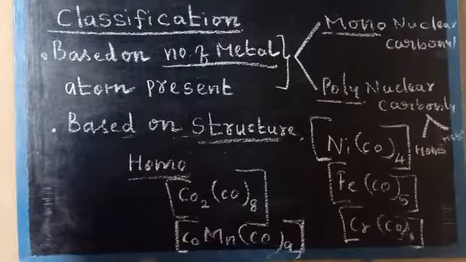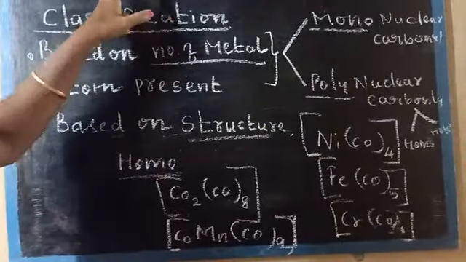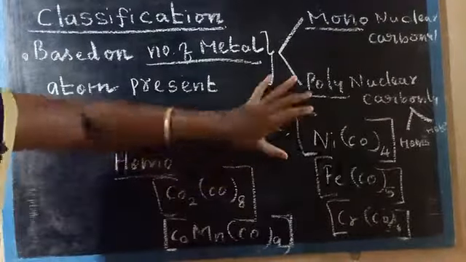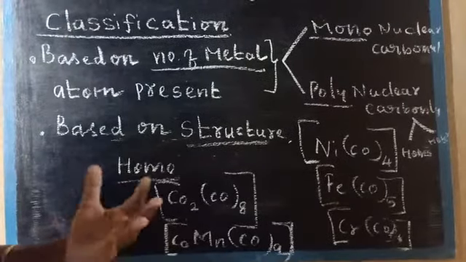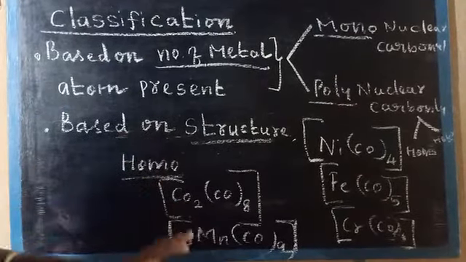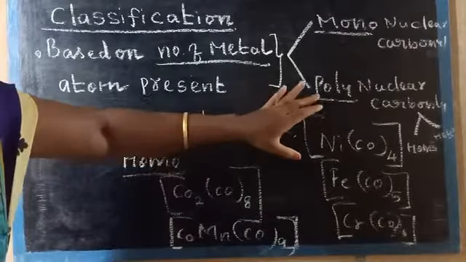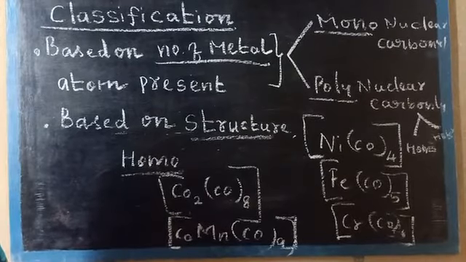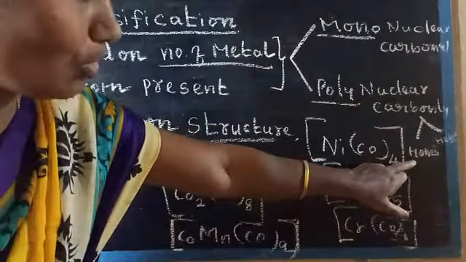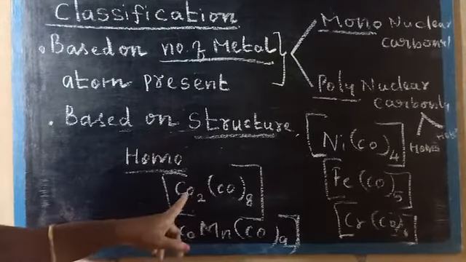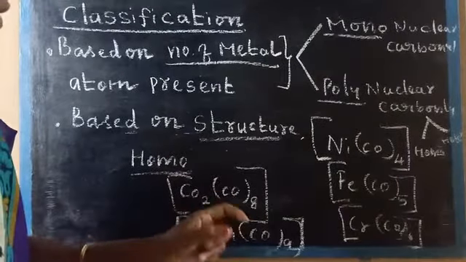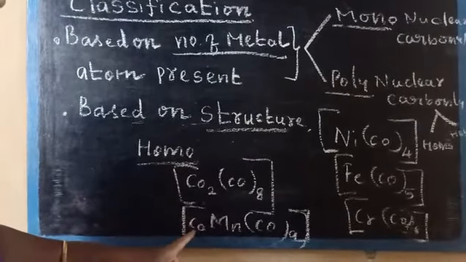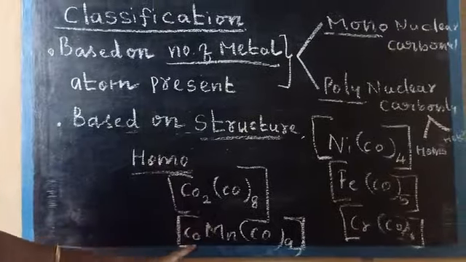Mononuclear carbonyl means the metallic carbonyl contains only one metal. Polynuclear carbonyl means it contains two or more metals. It is again classified into homonuclear carbonyl and heteronuclear carbonyl. Homo denotes the same type of metal is present; hetero denotes a different type of metal is present.